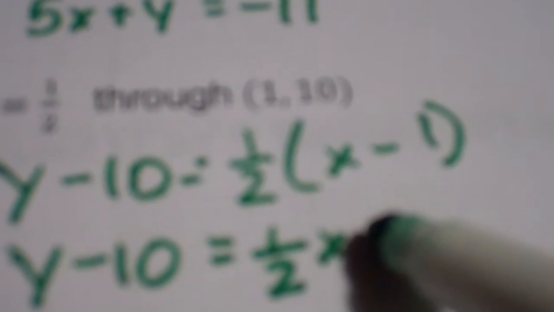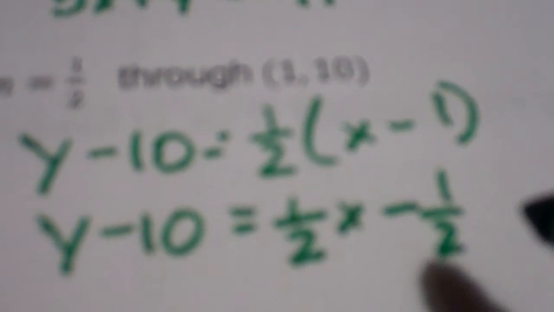Ah, this is what I was waiting for, a fraction one. Alright, here we go. y minus 10 equals 1/2 times x minus 1. Okay, you have to distribute and simplify. y minus 10 equals 1/2 x minus 1/2.